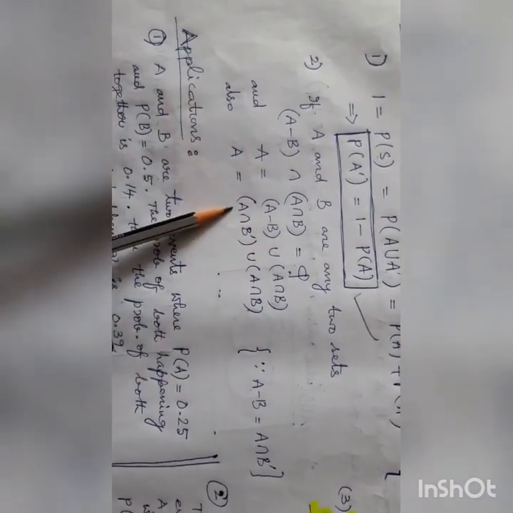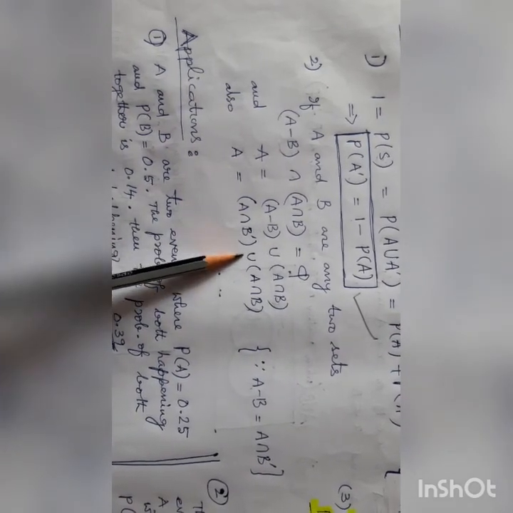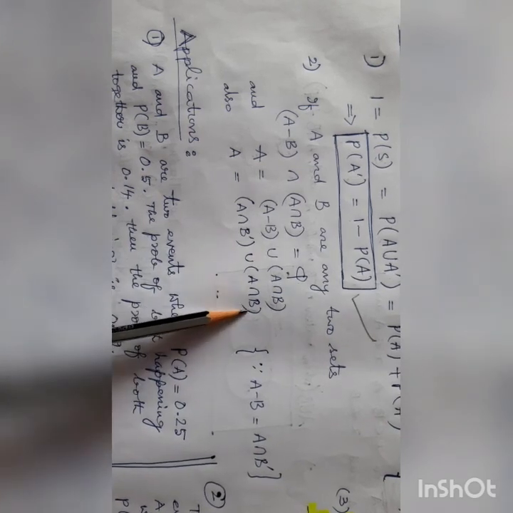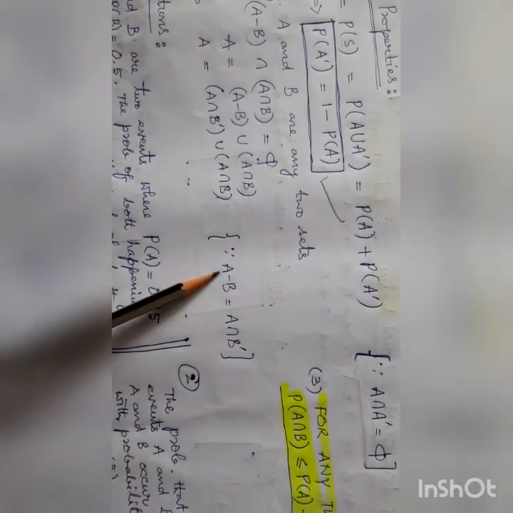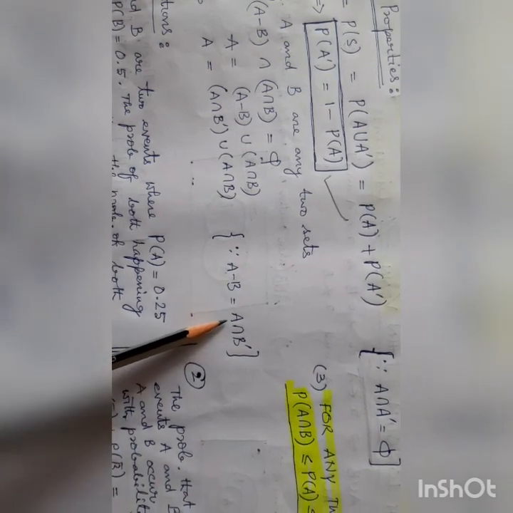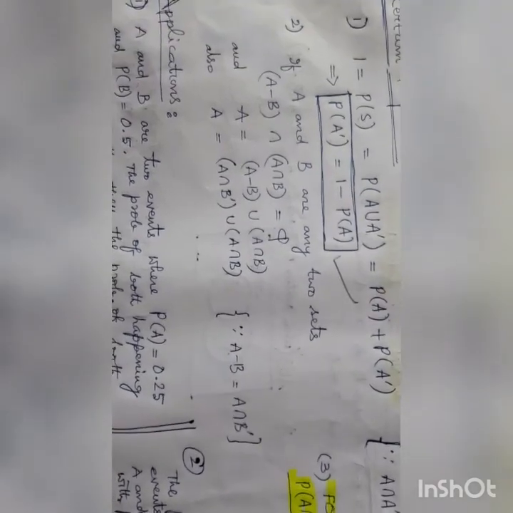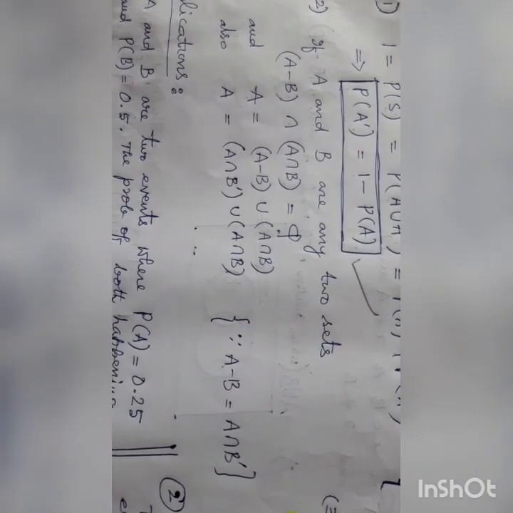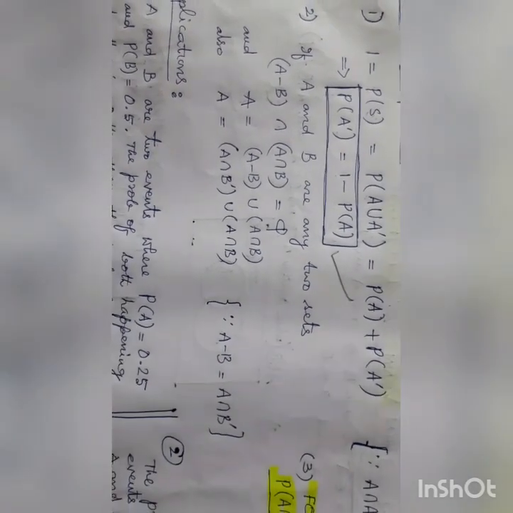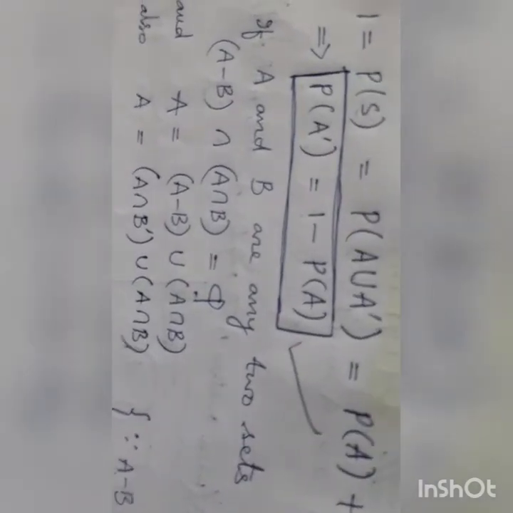Also A = (A ∩ B') ∪ (A ∩ B), since A − B equals A ∩ B'. These are very important cases. We have to remember.